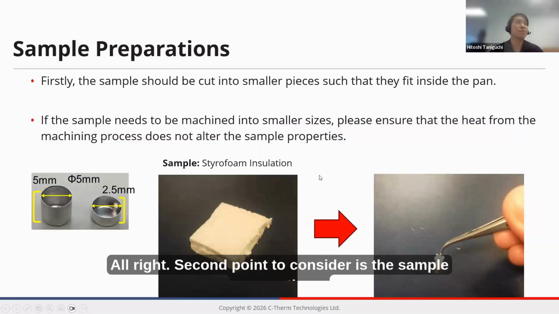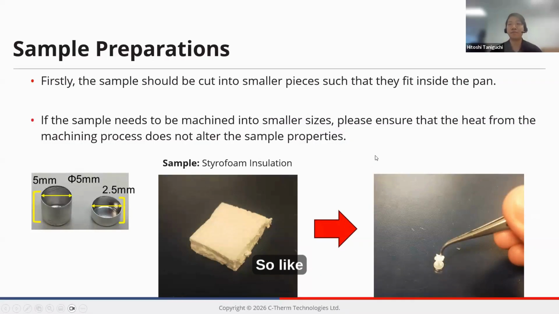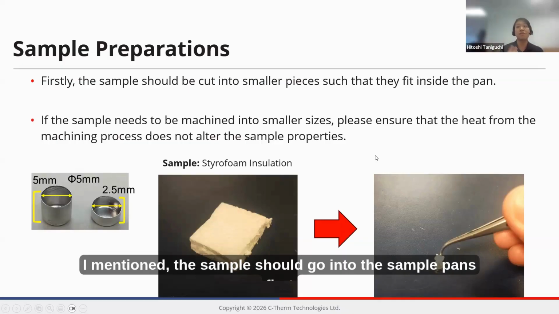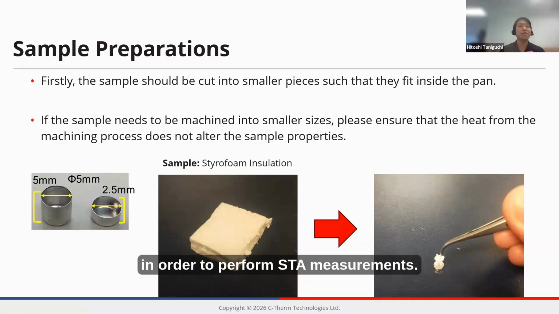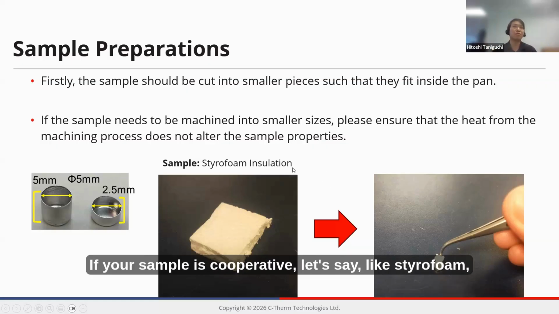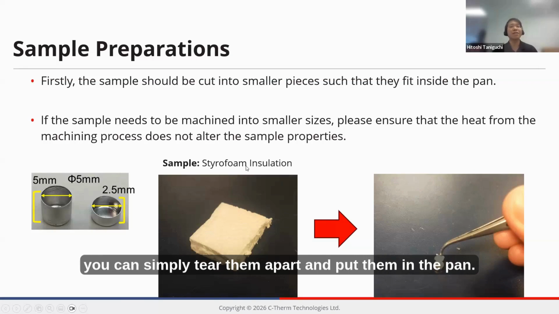All right, the second point to consider is the sample preparation. Like I mentioned, the sample should go into the sample pans first in order to perform STA measurements. So if you have a sample that's a little bit bulky, like the styrofoam insulation here, you must prepare it in a way that the sample can fit inside the sample pan. You can do this in many different ways. If your sample is cooperative, like styrofoam, you can simply tear it apart and put it in the pan.